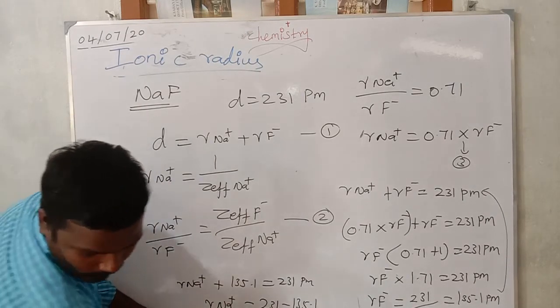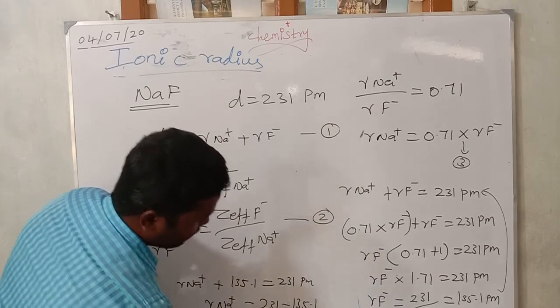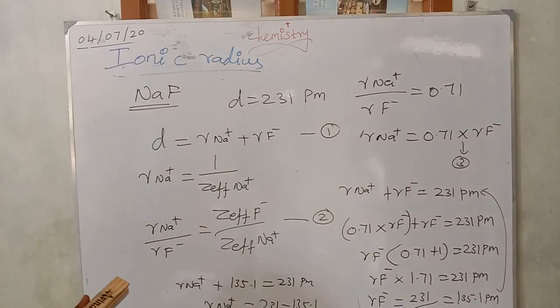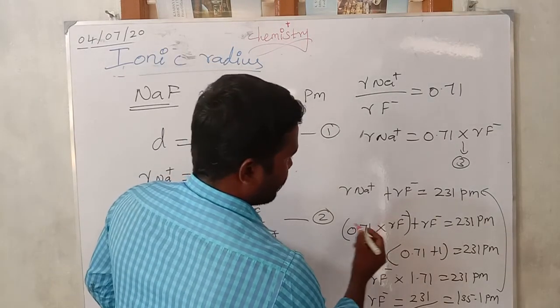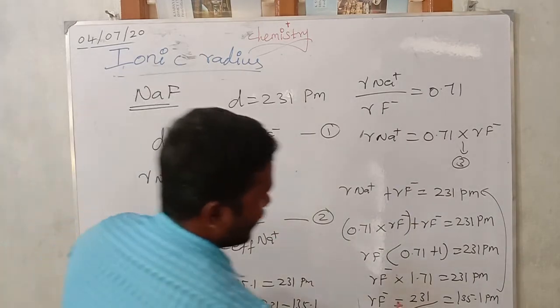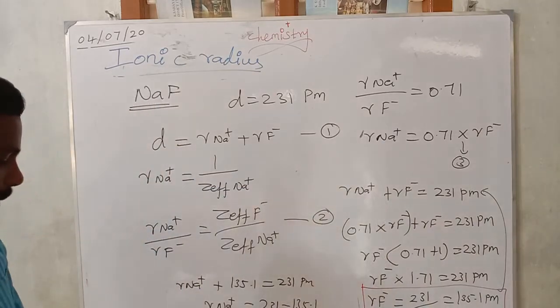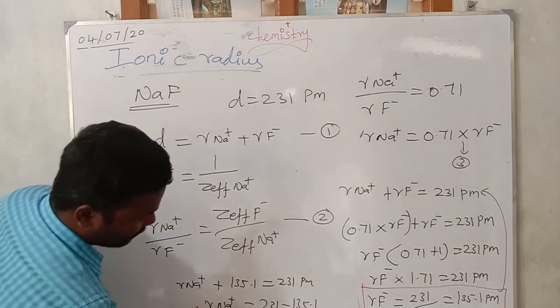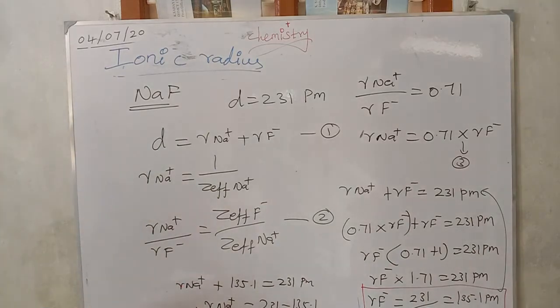It equals 95.9 picometer. So finally you found that the radius of fluorine is 135.1 picometer and the radius of sodium is 95.9 picometer.